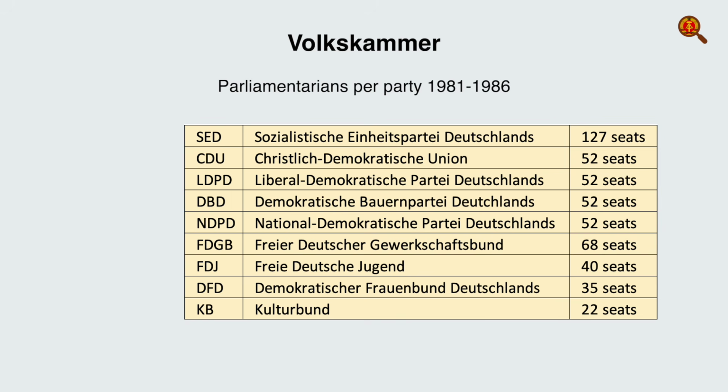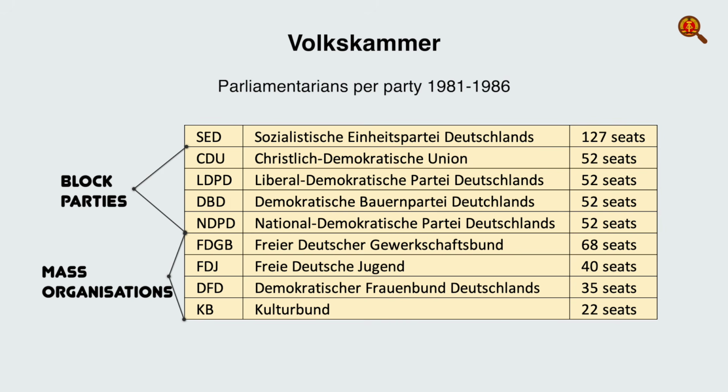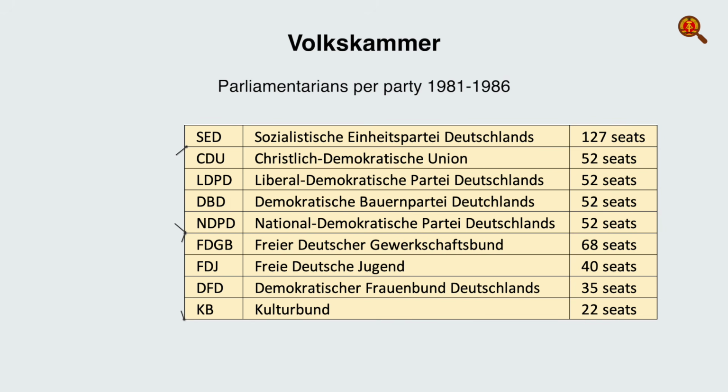The ballot paper contained a list of candidates made up of members of the SED, the Socialist Unity Party, which had the largest number of seats and absolute control, a group of parties called the bloc parties that nominally were independent but all had to accept the predominance of the SED, and a group of mass organizations that functioned as extensions of the SED, like the FDGB, the Freier Deutscher Gewerkschaftsbund, the umbrella organization for trade unions in the German Democratic Republic, and the FDJ, the Freie Deutsche Jugend, the Free German Youth, the official youth organization of the GDR.